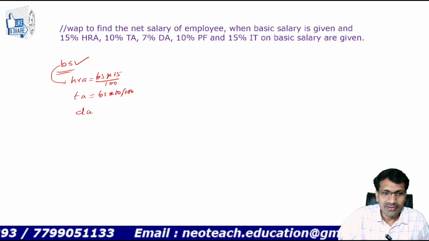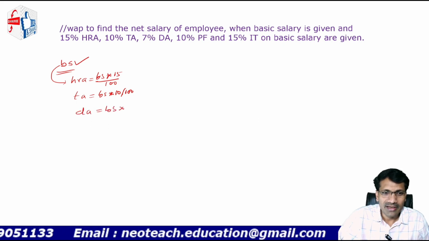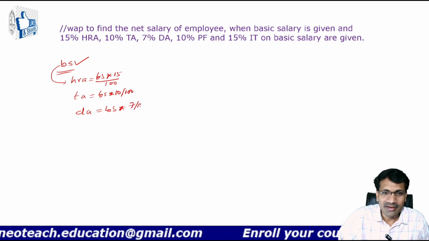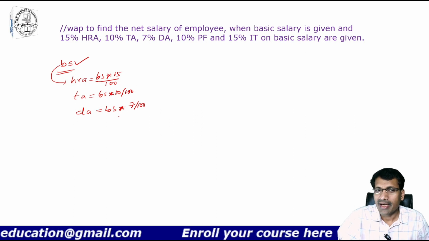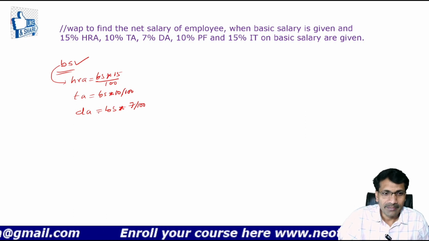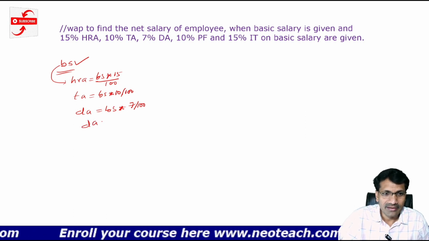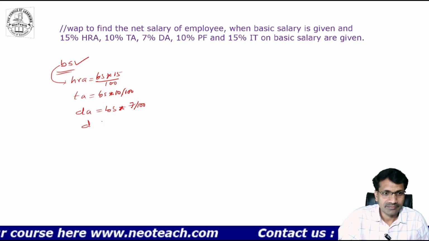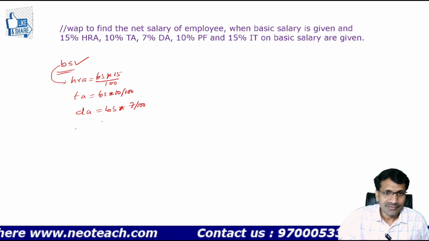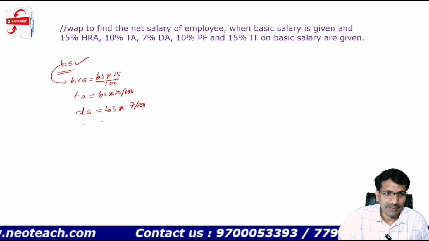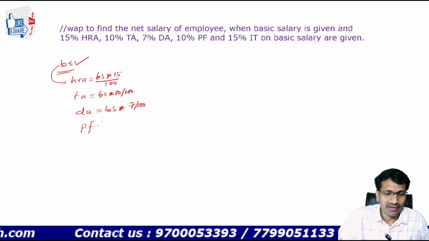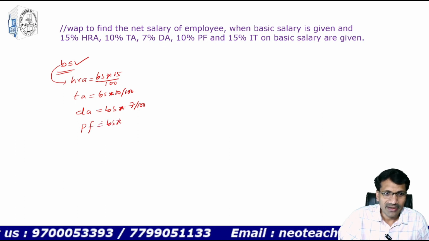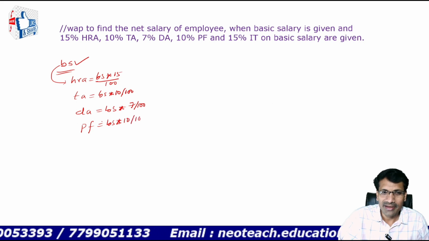And DA also, on basic salary how much percentage? Like 7%, so 7 divided by 100. And next PF, Provident Fund, on basic salary it's 10%, so 10 by 100.